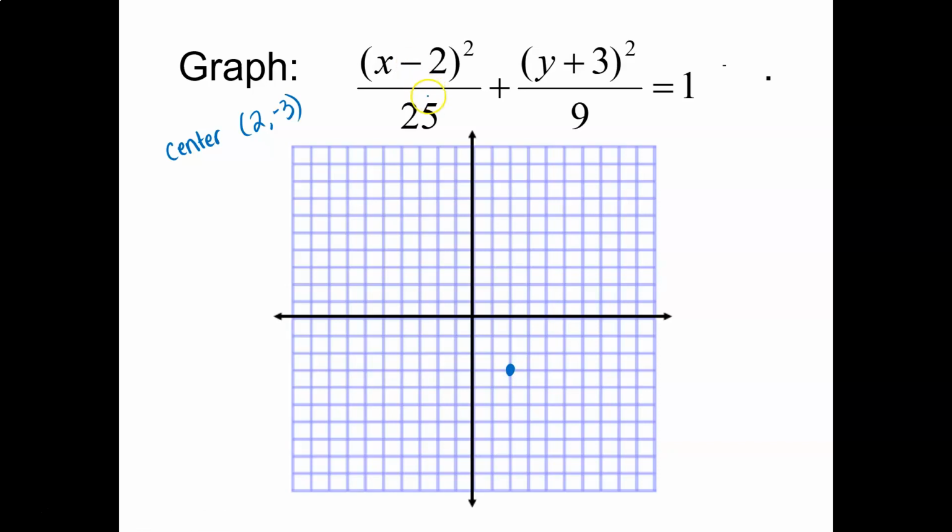And so underneath my x expression, I've got 25. If I take the square root of that, I'm going to get 5. That is the distance from the center to my vertex horizontally. So if I go to the right, 1, 2, 3, 4, 5, I'm going to put a dot here. And I go to the left, 1, 2, 3, 4, 5, and put a dot there.